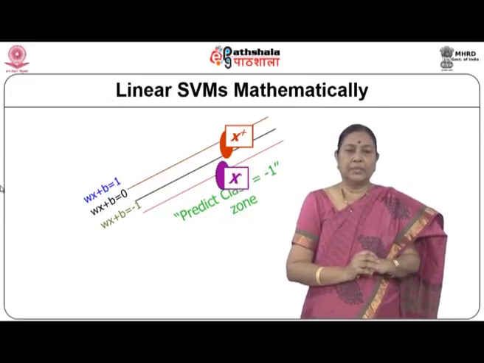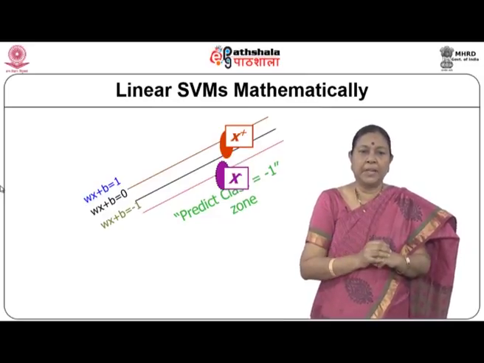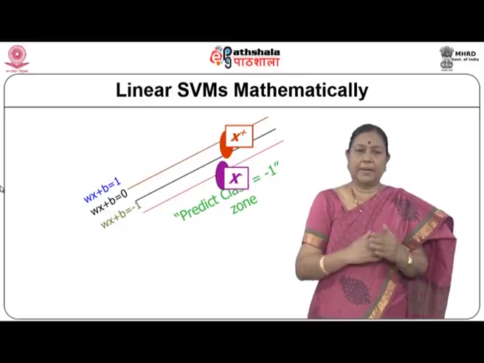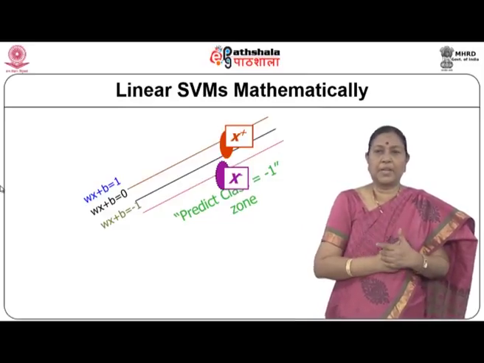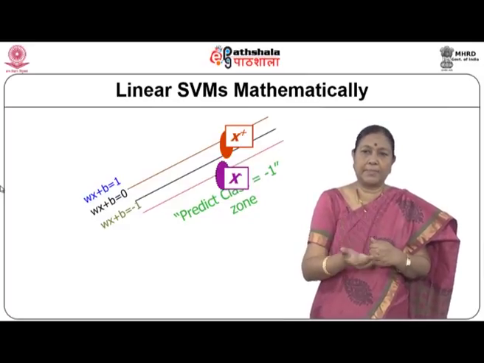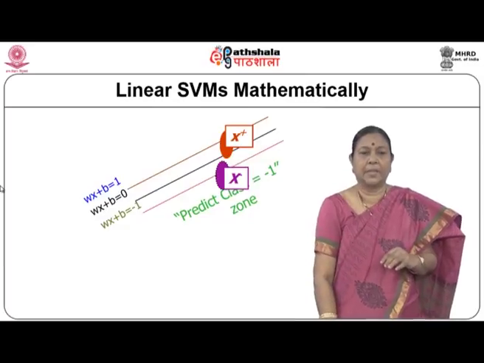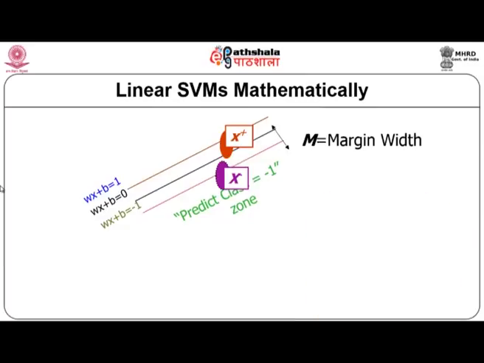Linear SVMs, you have x plus and you have the red one and the purple one, and you have wx plus b equal to 1, wx plus b equal to 0 is the line that separates, and wx plus b equal to minus 1 comes on the other side. One is the positive class, other is the negative class. So, this is the margin width, and this is how you define the margin.